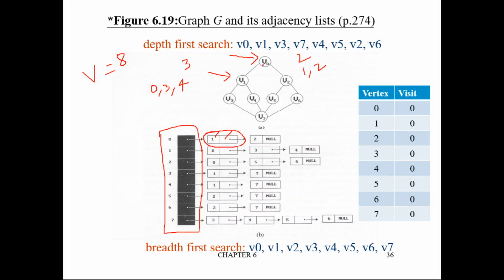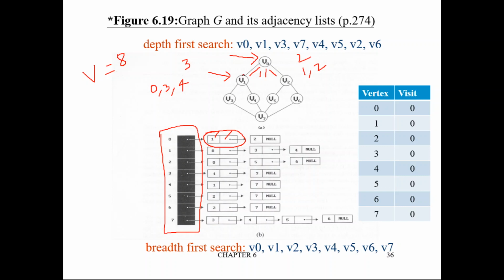For example, vertex 0 has connections to two nodes, 1 and 2, so you should enter 1, 2. That means first we enter the left child, then the next child, and finally the rightmost child. This order is important, otherwise the traversal will not work correctly.